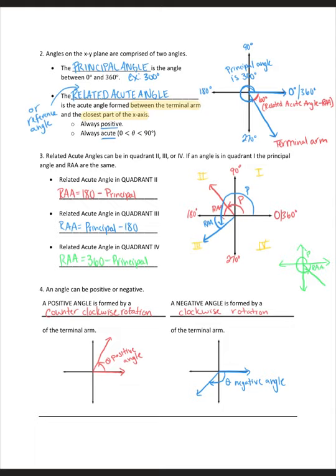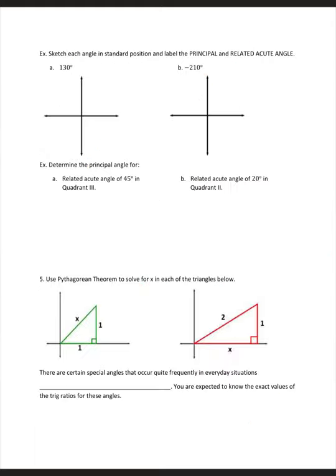Okay, so let's take an example of actually drawing positive and negative angles. All right, so sketch each angle in standard position and label the principal and related acute angle. So if we had 130 degrees, I'm just going to one more time label where our degrees fall on our Cartesian plane.